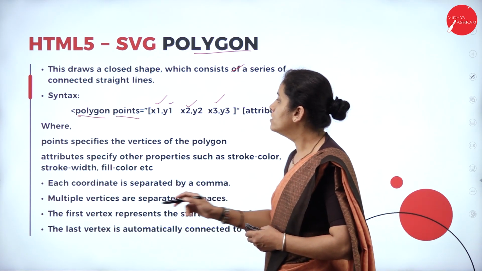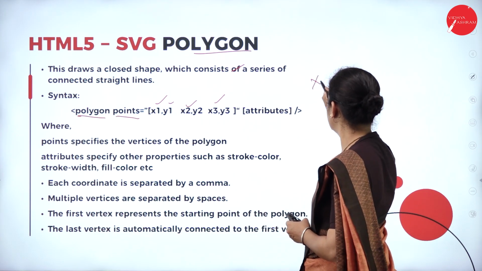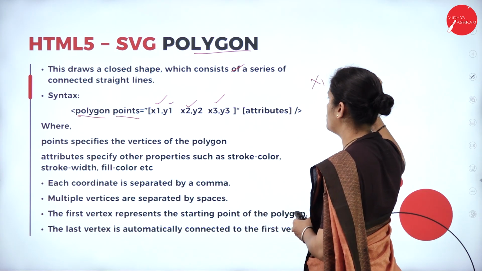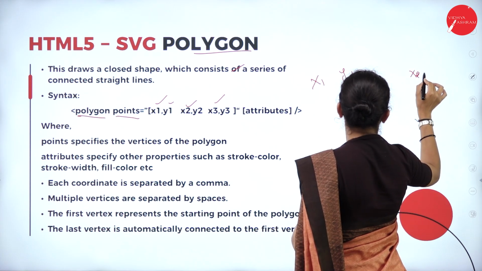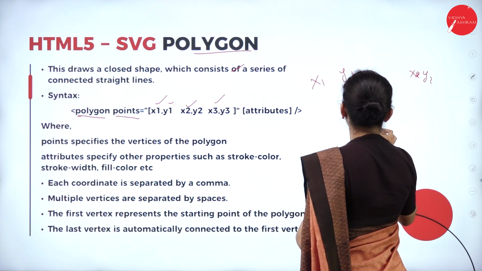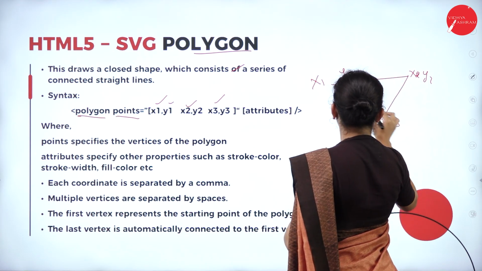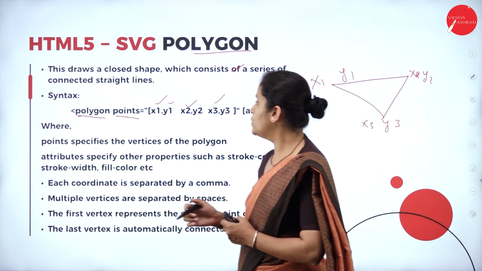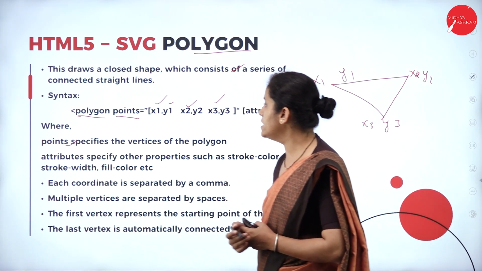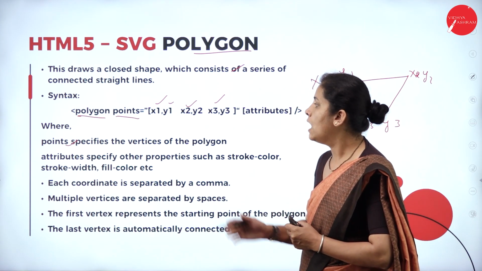For example, this is my x1, this is my y1. Similarly x2, y2, and x3, y3, and if I connect the lines, this is nothing but the polygon. So points specify the vertices of the polygon.